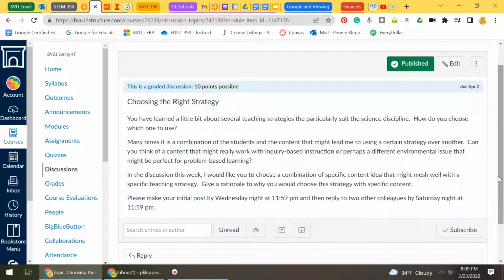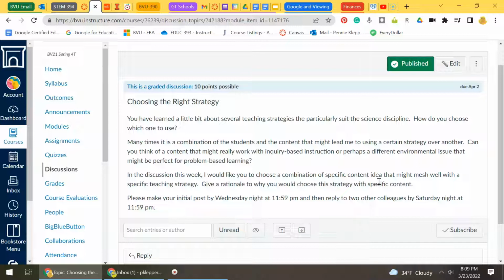For this one, this is a 2-part assignment. You need to post your initial post by Wednesday, and then your final post is due on Saturday. That will have only one due date, because we can only assign one due date to an assignment. So for this one, you're going to choose a specific content idea and mesh it with one of those particular teaching strategies.